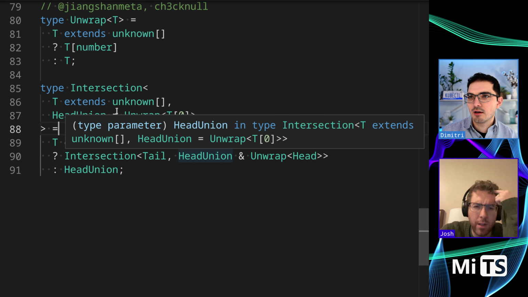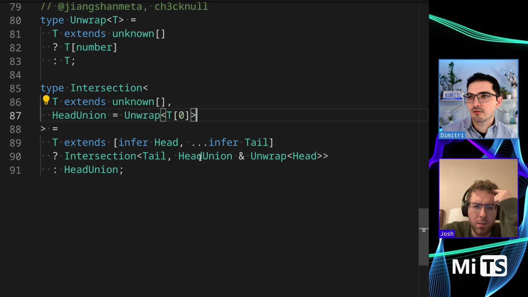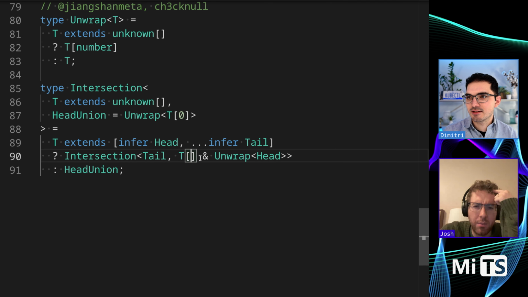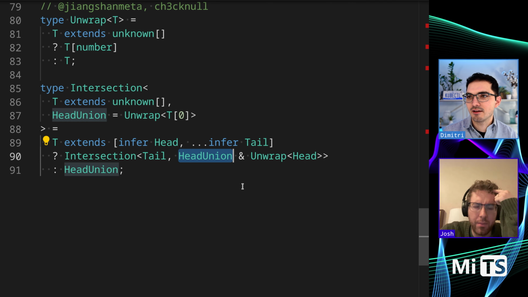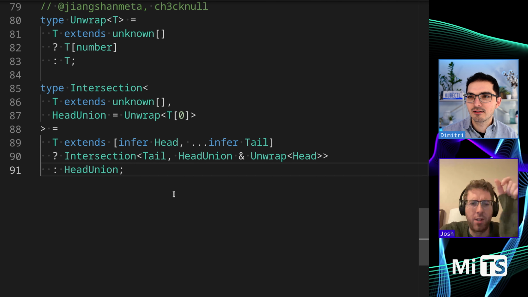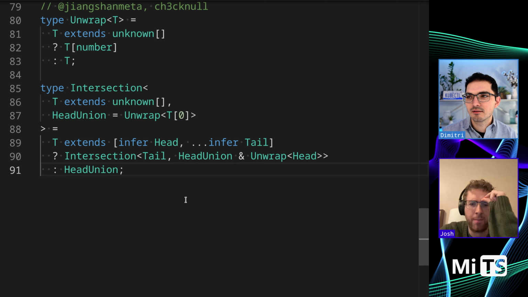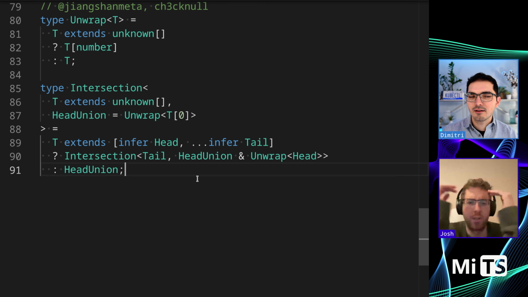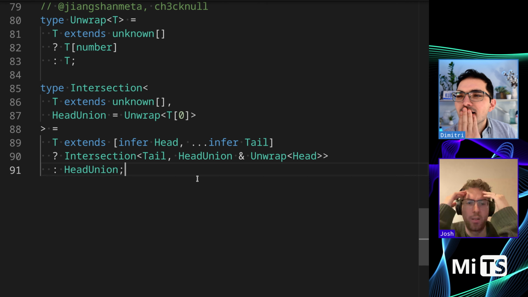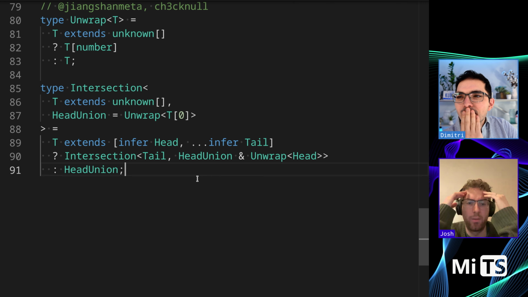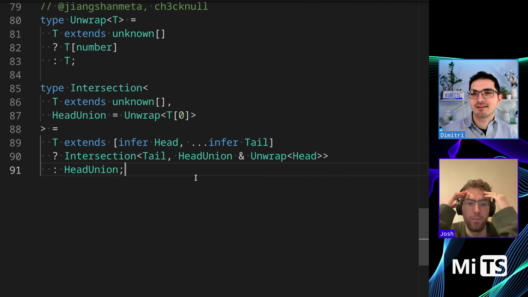Yeah, head should be T of 0. What if I did T0 here? They still fail. Maybe T of 0 comes before the inference, and the inference on line 89 infers head, like splits out the type or something. I don't think so. That's not my understanding of it anyway.